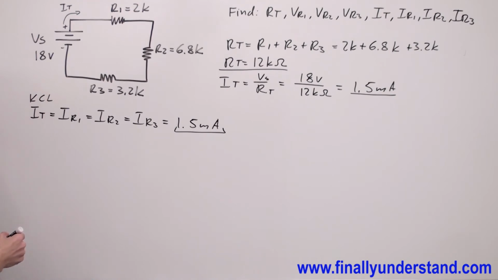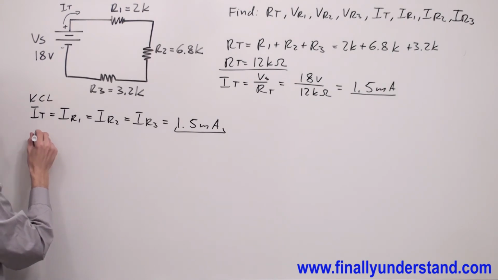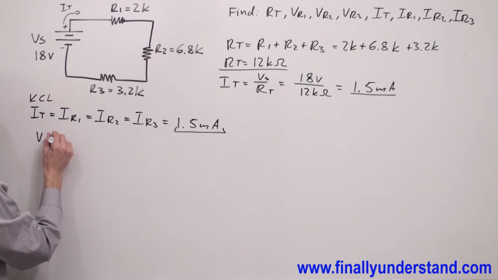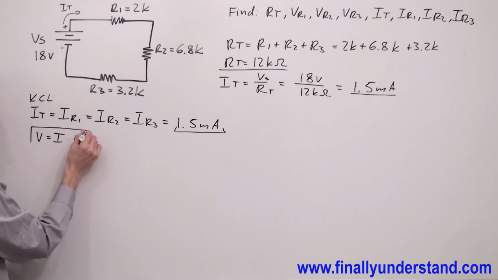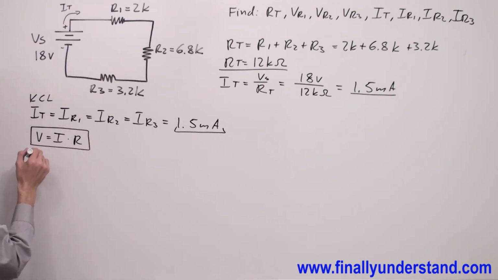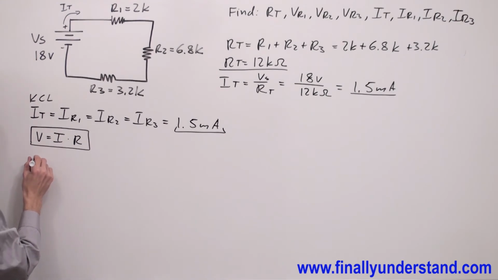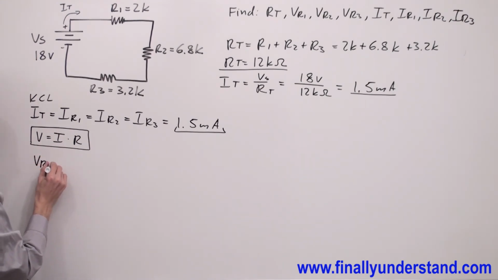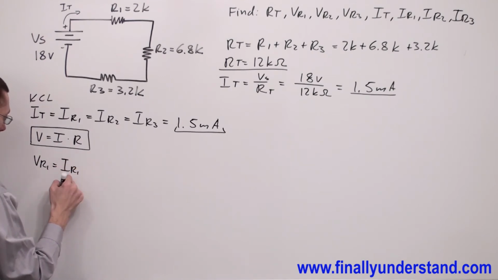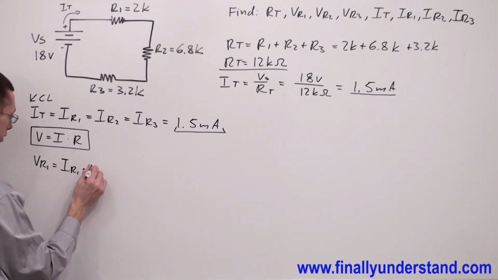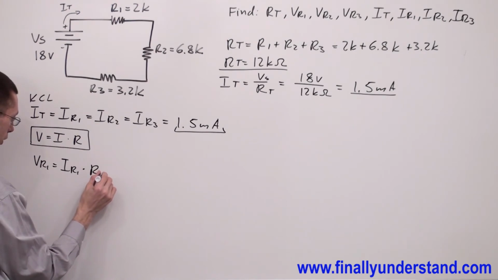Next, we're supposed to find voltage across each resistor. Remember, Ohm's law says voltage is equal current times resistance. This is Ohm's law. If I want to find voltage across resistor R1, I simply multiply the current which goes through resistor R1, IR1, times resistance of resistor R1.